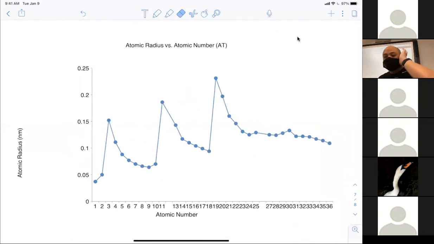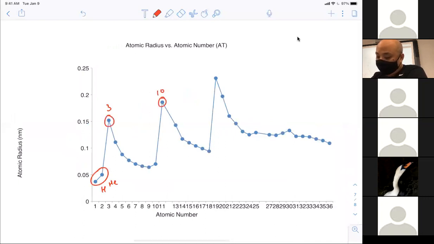So this is atomic radius versus atomic number. And you'll notice that in here there are certain things that you should be looking for. The first two elements here are hydrogen and helium. And then you'll notice element 3, then element 11 and element 19, because that's in the same group, because you add 8, not 7.